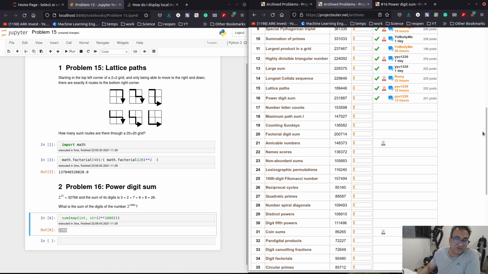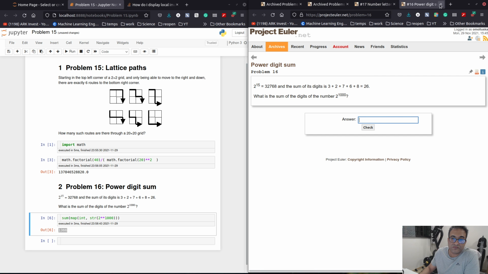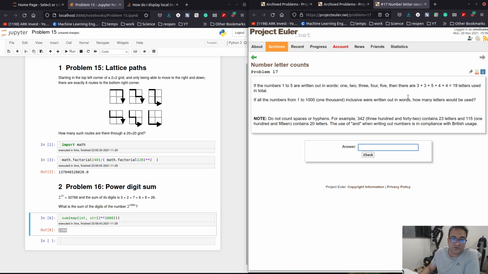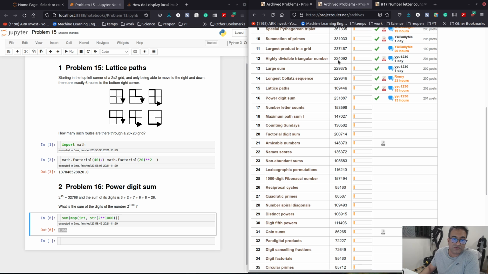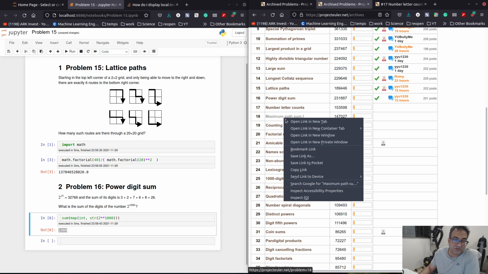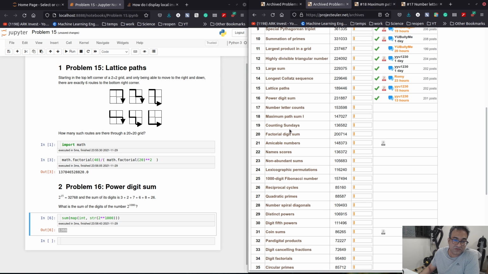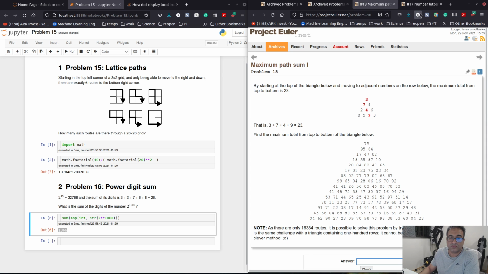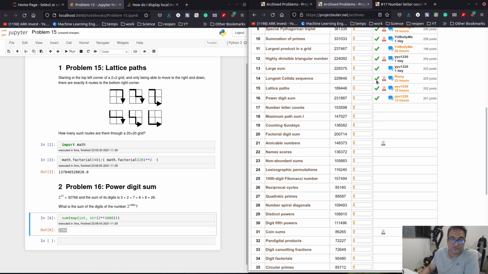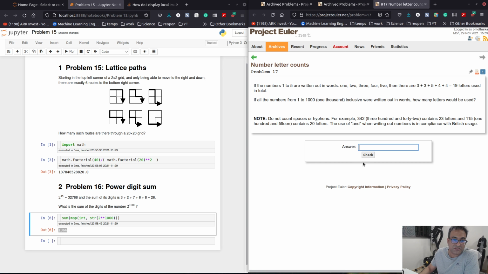Number letter counts. Okay, we solve this. Number letter counts. Then maximum path sum 1. What is this? Counting Sundays. Wow, it's 18. Let's do 17 first. That's 17. Okay.